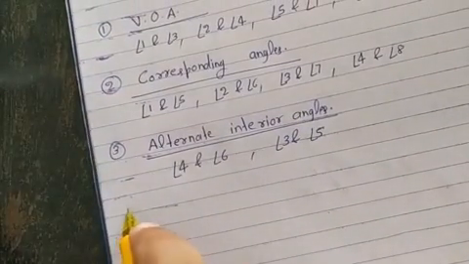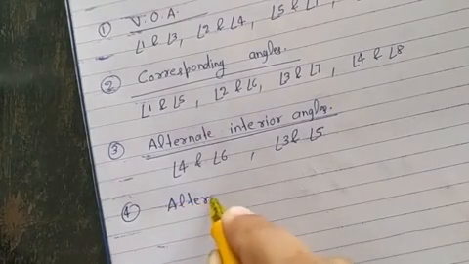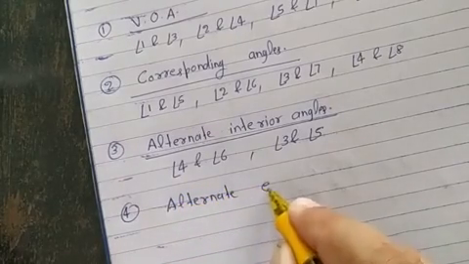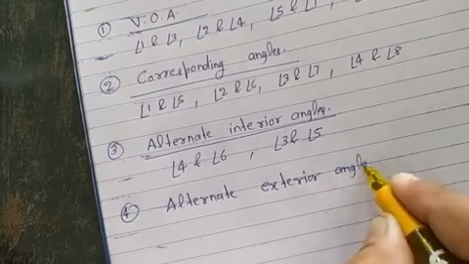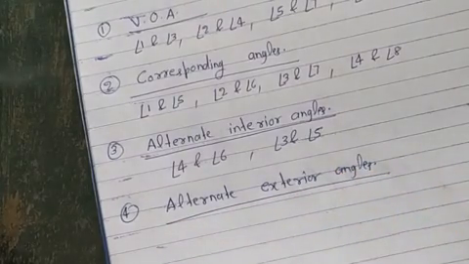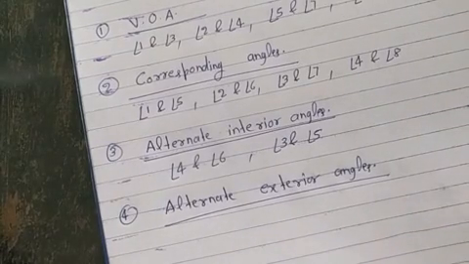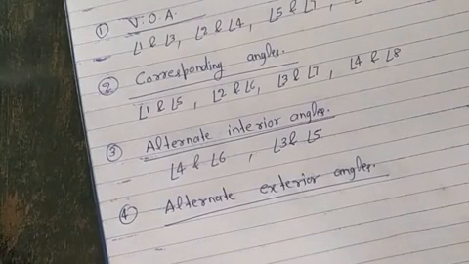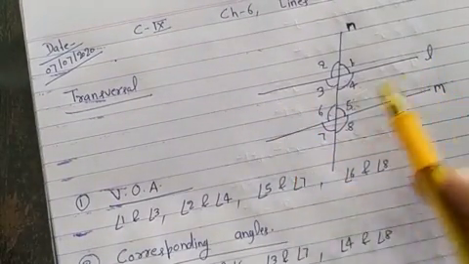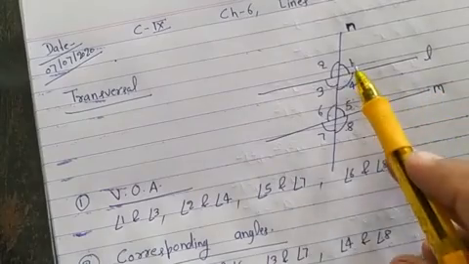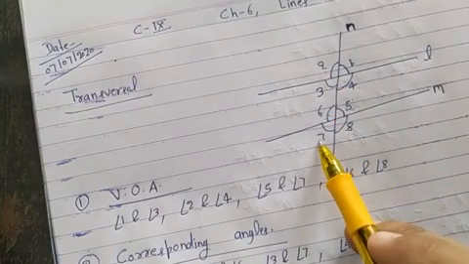Okay, now next is alternate exterior angles. Look in the figure. This is the line L, this is the line M. On the exterior side, here angle 1 and 2 and here angle 8 and 7.